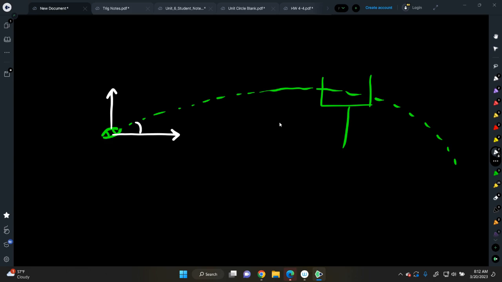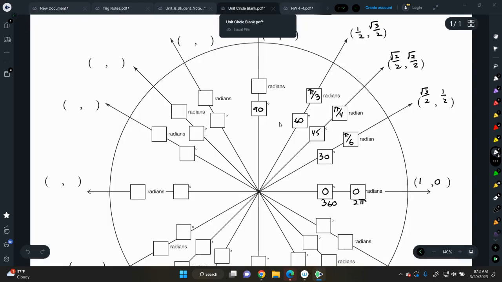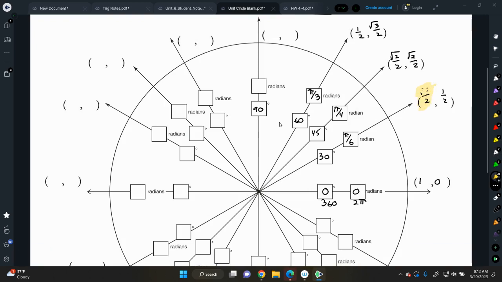Depending on the angle, we already learned from our unit circle, the smaller the angle is, the greater the x component is. The bigger the angle, the greater the y component.